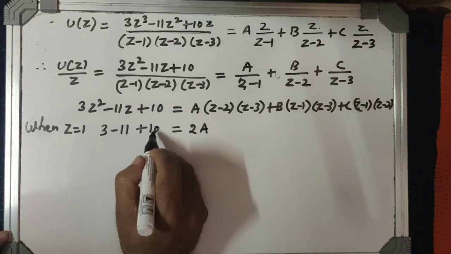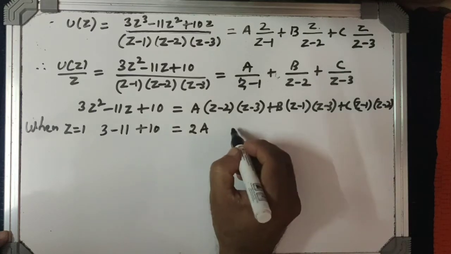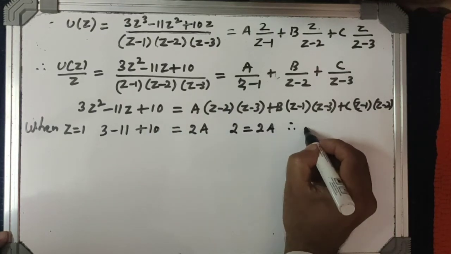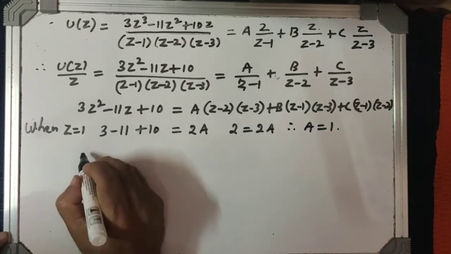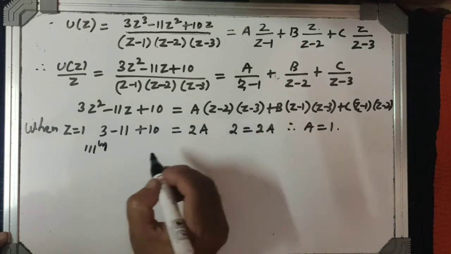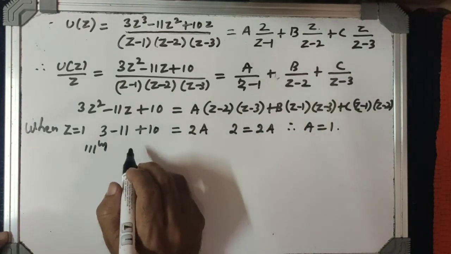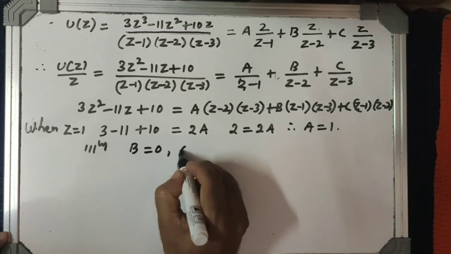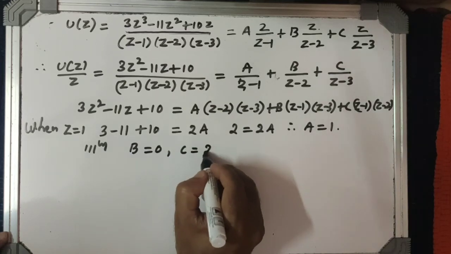So this is 10 plus 3, 13, minus 11 is 2, 2 is equal to 2a, therefore a is equal to 1. Similarly, if you give the other values to z like 2 and 3, you will find b and c. Here b will be 0 and c will be equal to 2.